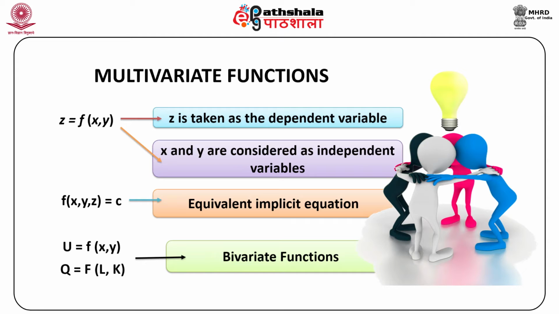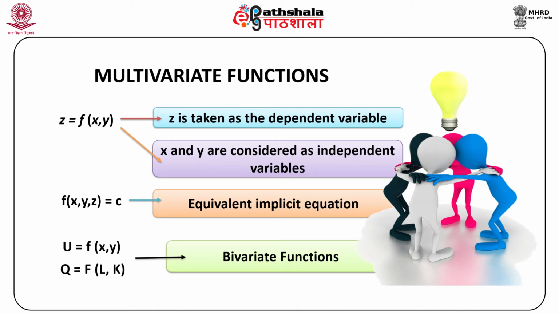Utility derived by a consumer depends on quantities of two goods consumed, say x and y, and production, that is the amount produced by a production unit, typically depends on the factors of production, labor and capital. Thus, utility is a function of (x, y) and Q is a function of (L, K).